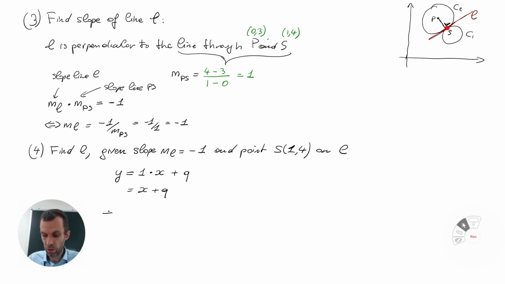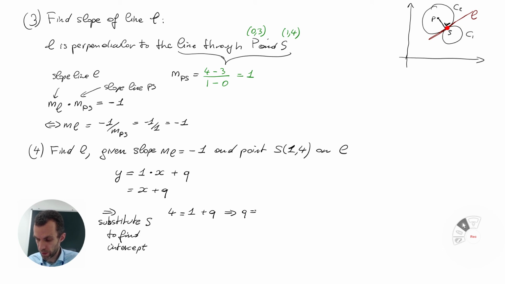And now we can substitute the point S to find the intercept, sorry. And so we get 4 is equal to 1 plus q, or in other words, q is equal to 3.